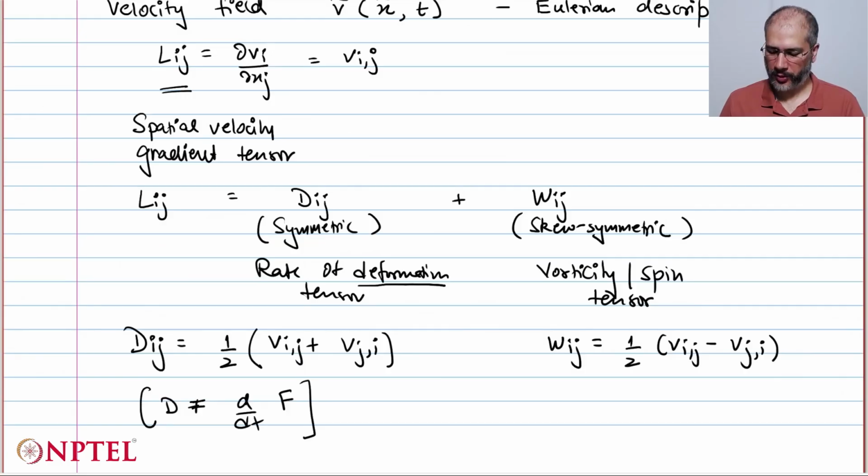So what we said was that the symmetric part of the displacement gradient tensor was the infinitesimal strain tensor, and the skew symmetric part was the infinitesimal rotation tensor. But in fluids, there is no condition on these tensor components being small. This is a very important point, so we must write it down.